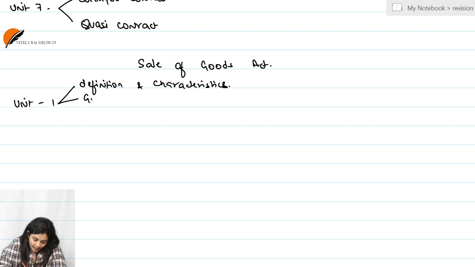After this, we had discussed all the different essentials in detail, where first we had started with goods, where goods can be classified under three heads: existing, future and contingent. Even existing has three types: specific, ascertained and unascertained.